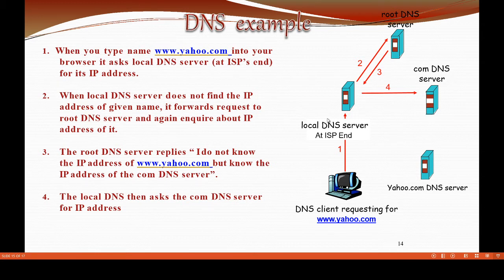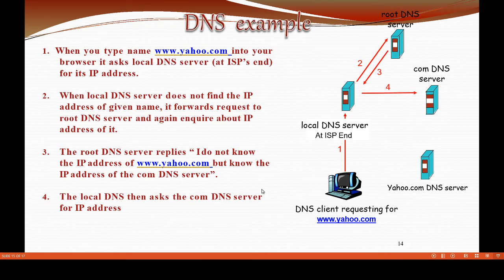The local DNS server checks its database, and if it is available, it can reply to the client. But if it does not match, it asks the root DNS server. The root DNS server also checks for the www.yahoo.com IP address, but it does not match, then it asks the commercial DNS server.